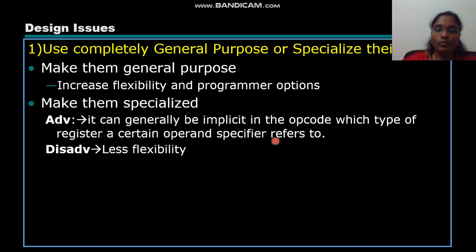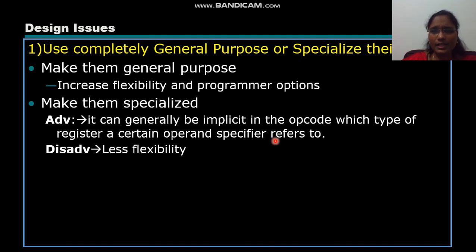And while discussing these general purpose registers, there are a few design issues. So what are the design issues available? Whether these general purpose registers have to be completely used as general purpose, or we need to specialize them for any specific purpose.